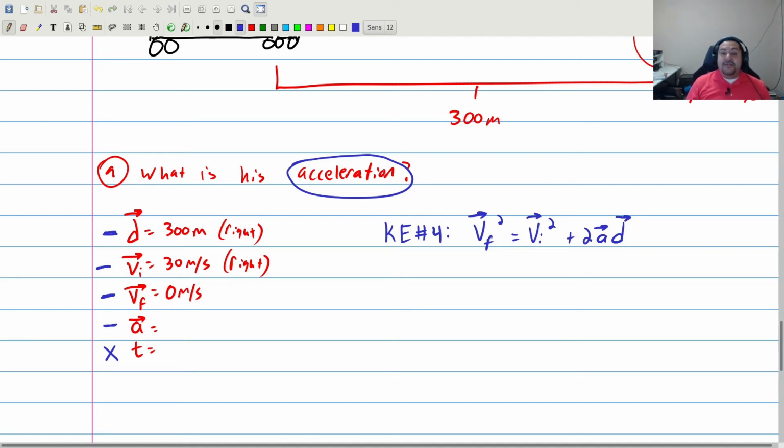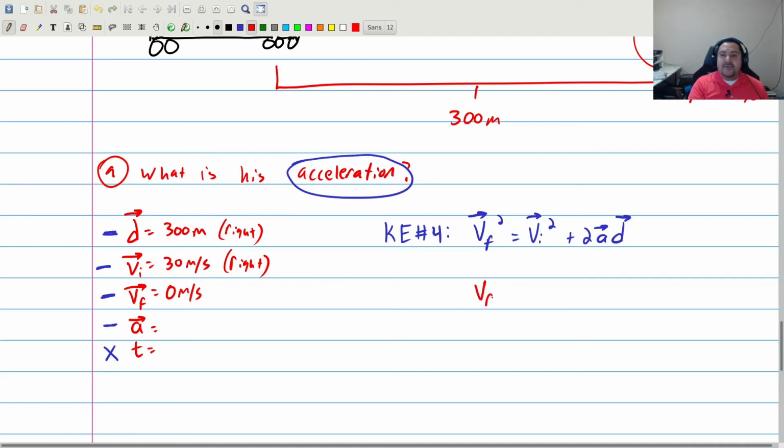I need to solve this equation for acceleration. So, first thing I'm going to do is I'm going to subtract V initial squared from both sides. Now, I'm not going to show the intermediate steps every single time, and I don't expect you to show me that you're subtracting V initial squared every time either. Certainly, if ever I go too fast and you can't tell what I'm doing, be sure to ask me. But I'm just going to show you what happens after that step.